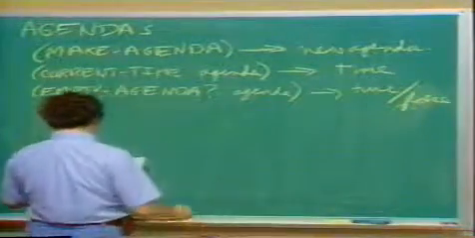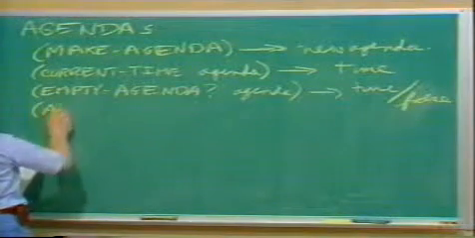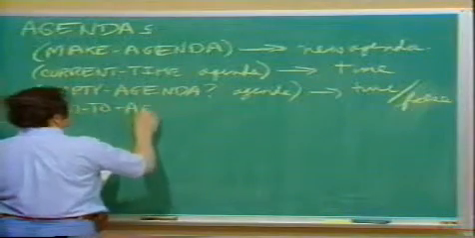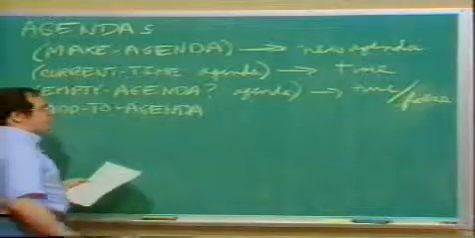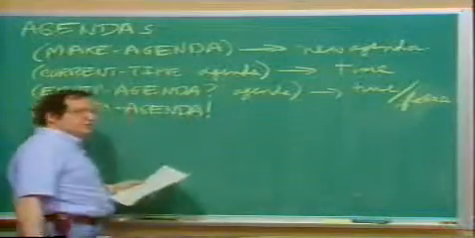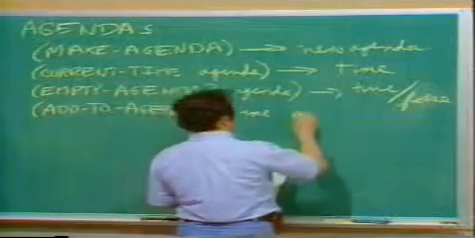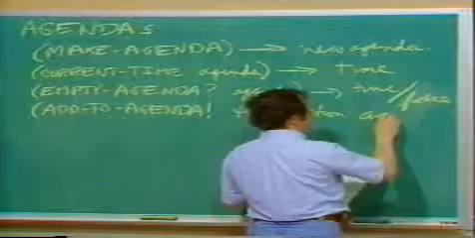Okay. We can add an object to an agenda. Actually, what we add to an agenda is an action to be done, and that takes a time, the action itself, and the agenda I want to add it to.